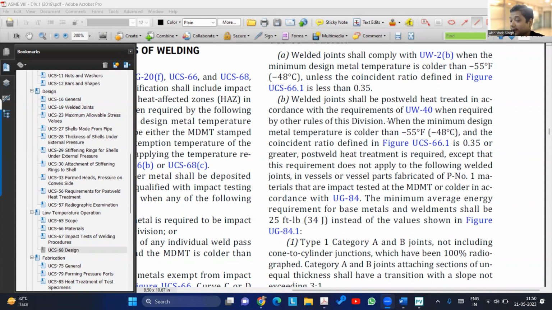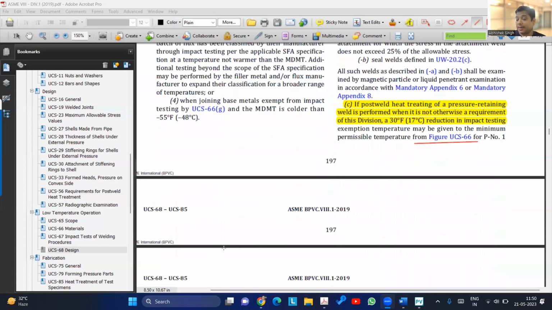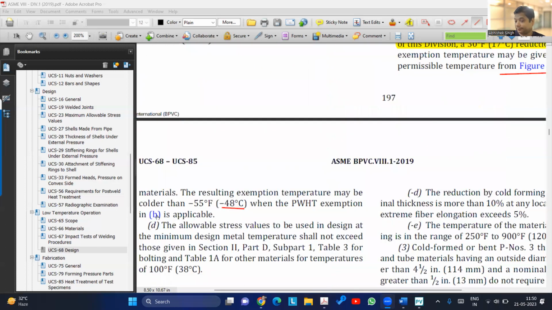Okay, so now in this case, you won't be able to go lower than minus 48, except now here your exemption is coming. Except that this requirement does not apply to the fabricated part from P number 1. Okay. So if my material is P number 1, I can go even lower than minus 48. That is basically this clause.